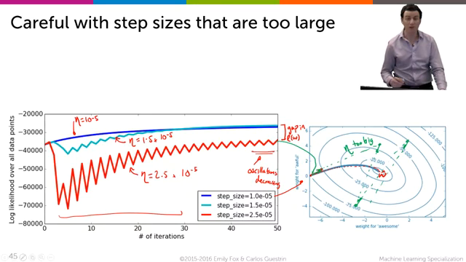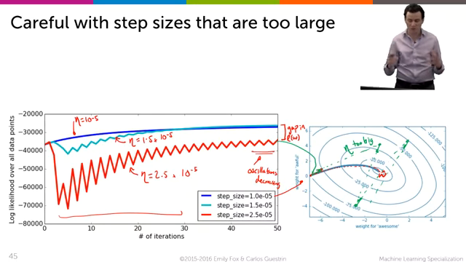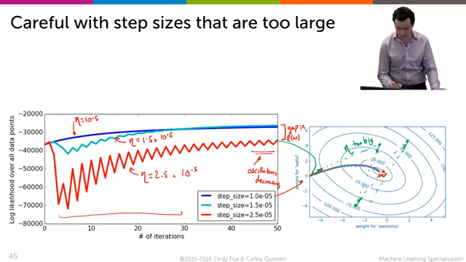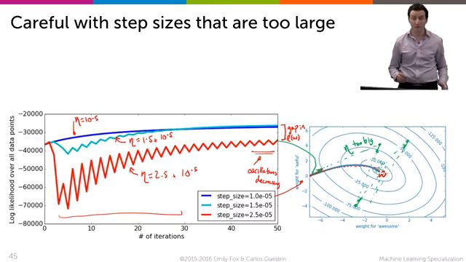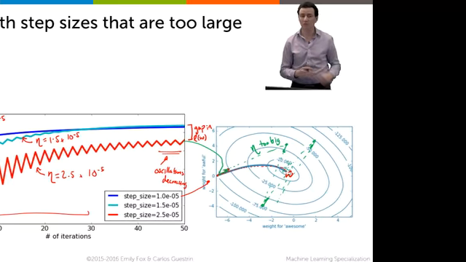And you keep oscillating back and forth with these really big steps. Now, in this case, in the red line, 2.5 times 10 to the minus 5, you see these oscillations are decreasing, so eventually it's going to get closer and closer to W hat. But you have to be careful.